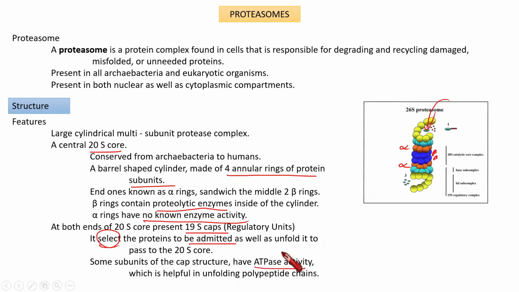ATPase activity means it can hydrolyze one ATP molecule and release energy, and using this energy it can unfold the polypeptide chain to make the degradation work easier. So that is another importance of the cap. It selects as well as unfolds the polypeptide chain using the ATPase activity of some of its protein subunits.